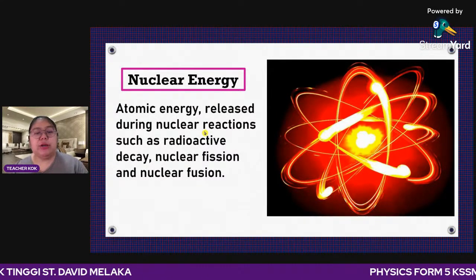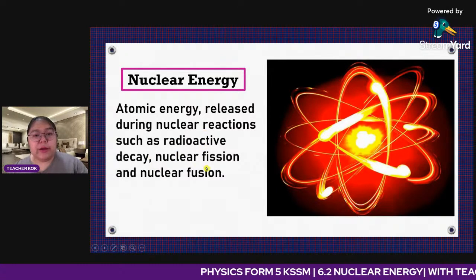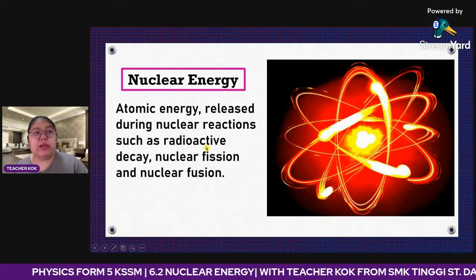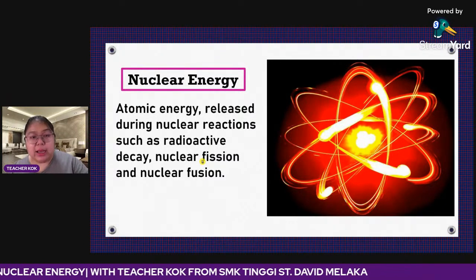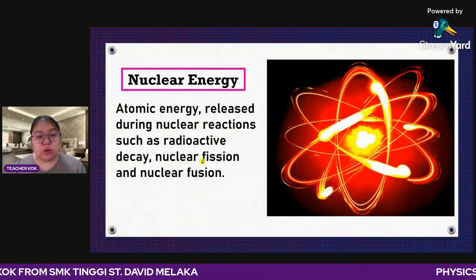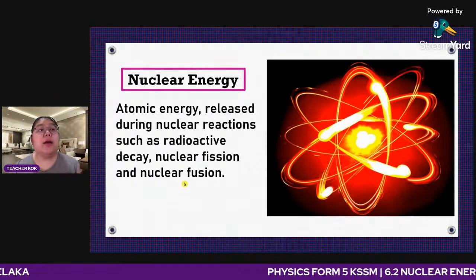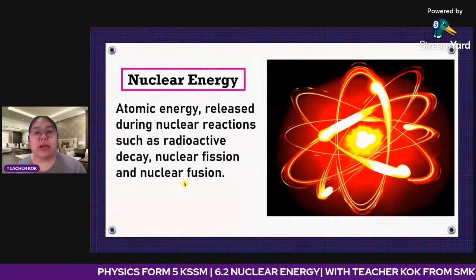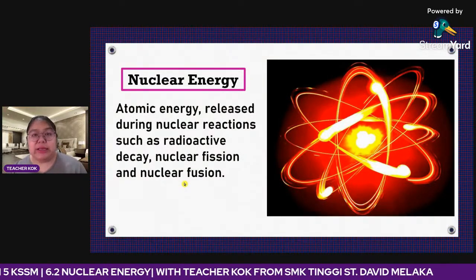Examples are radioactive decay, nuclear fission and nuclear fusion. Radioactive decay we already learned: alpha, beta, and gamma decay. But today we need to learn nuclear fission and nuclear fusion. These two processes can also produce energy, and the amount of energy is large, much more compared to normal radioactive decay.